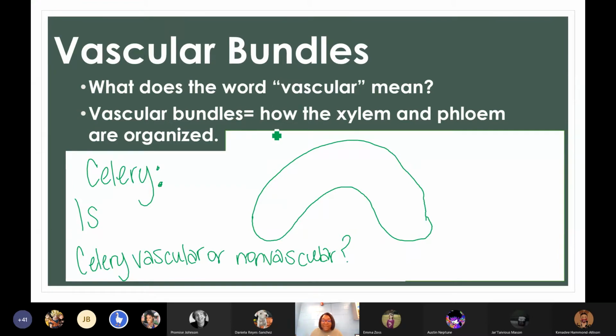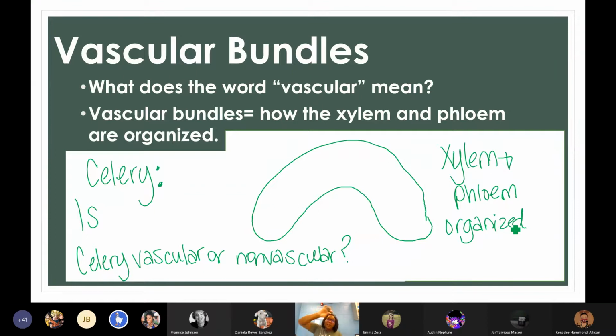In a vascular plant, the xylem and phloem appear in an organized way. So you're going to be able to see a pattern. They're going to be in a nice, pretty line when you're looking inside the stem.